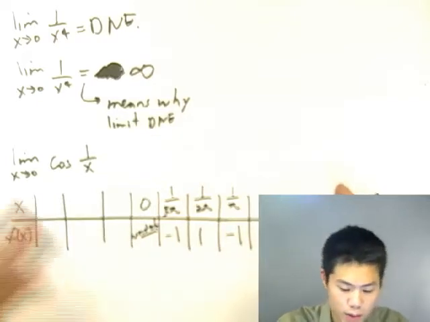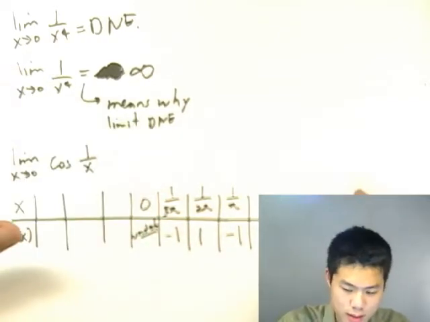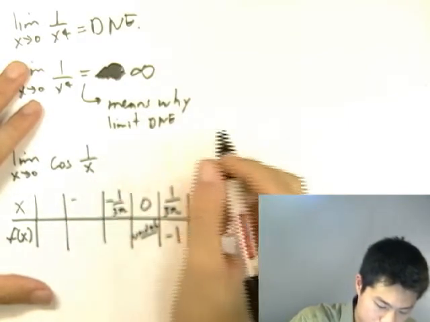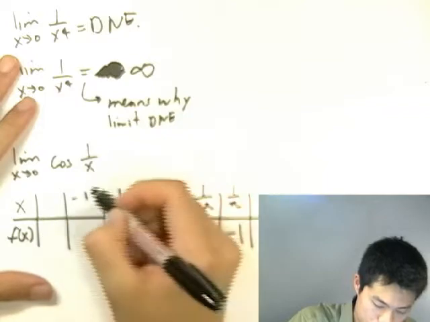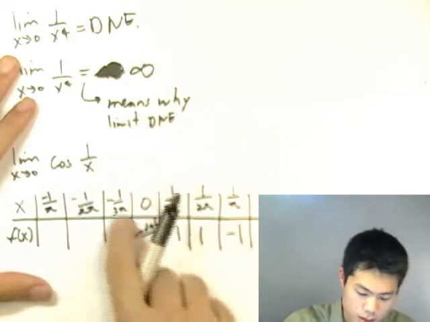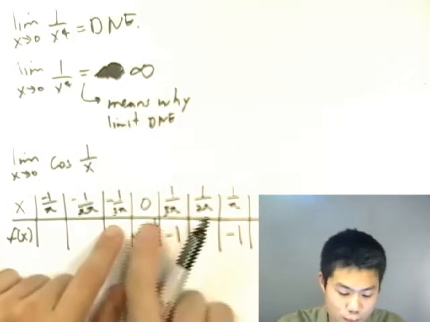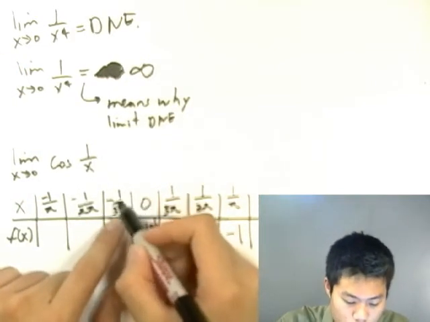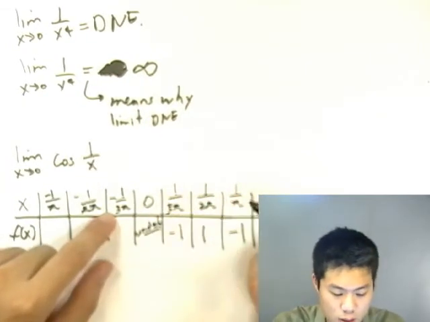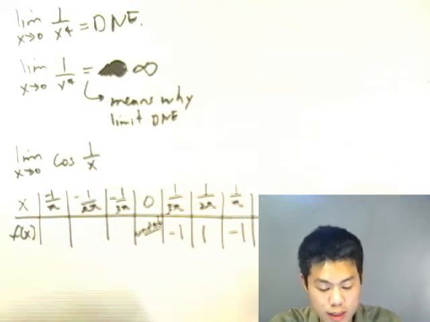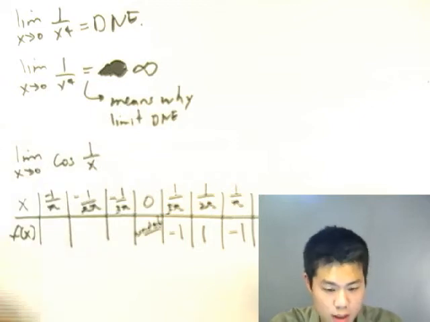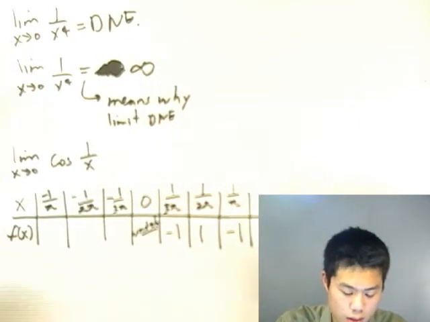Let's do the same thing but with the other side. Hopefully you can read this. Okay, it's kind of small. This reads -1 over 3 pi. So cosine of 1 over -3 pi is equal to cosine of -3 pi. Right? So cosine of -3 pi is going to equal what?